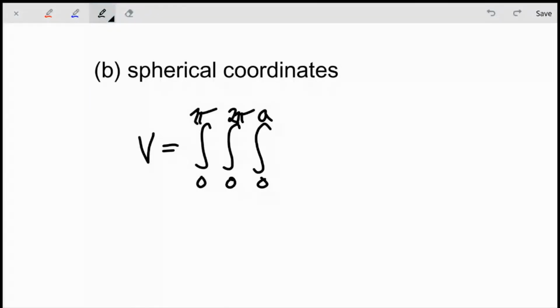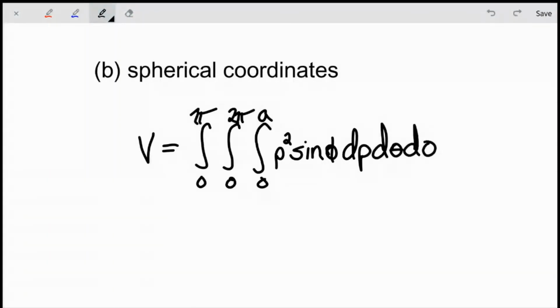Those are my three limits of integration. I also know from setting up a triple integral in spherical coordinates that I'm going to have a rho squared sine phi, and then our d rho, d theta, d phi.